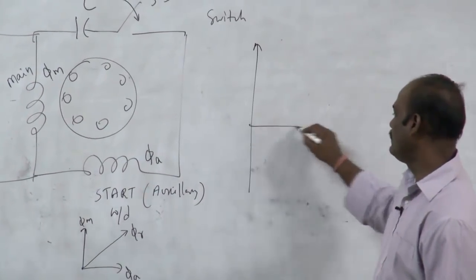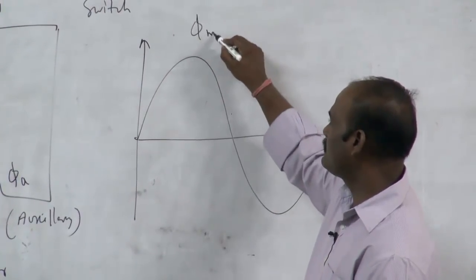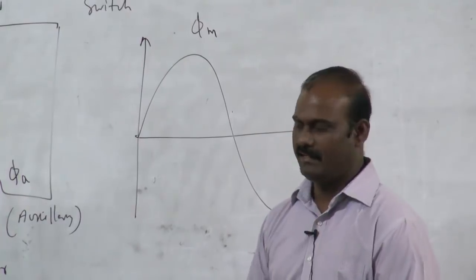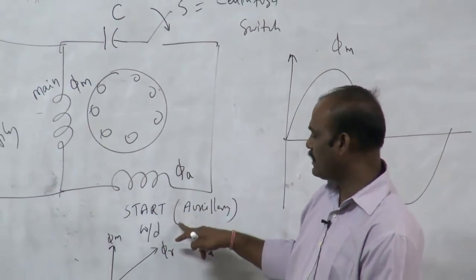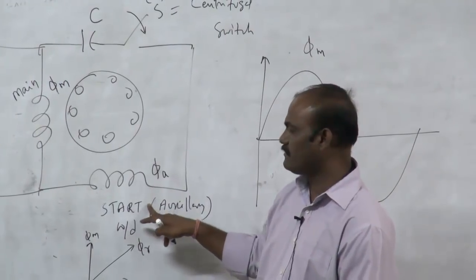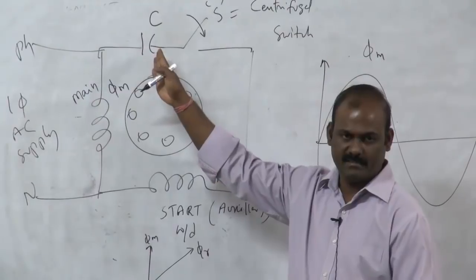Suppose let us take one reference value. Let us say this is the main field flux, right? As the capacitor is connected in the start winding, what happens? The flux which is produced by the start winding will lead the main winding because of the capacitor, right?